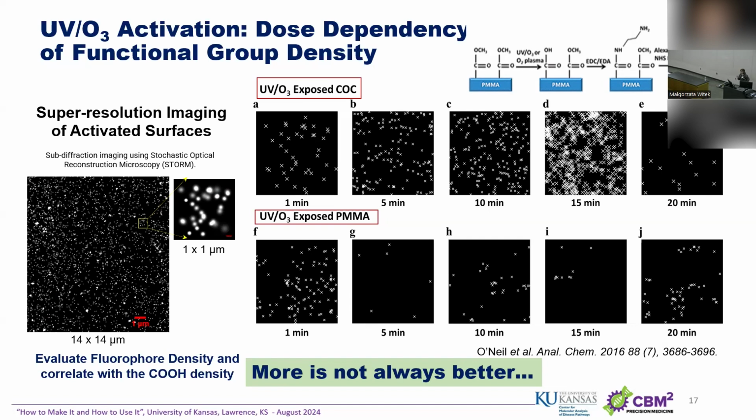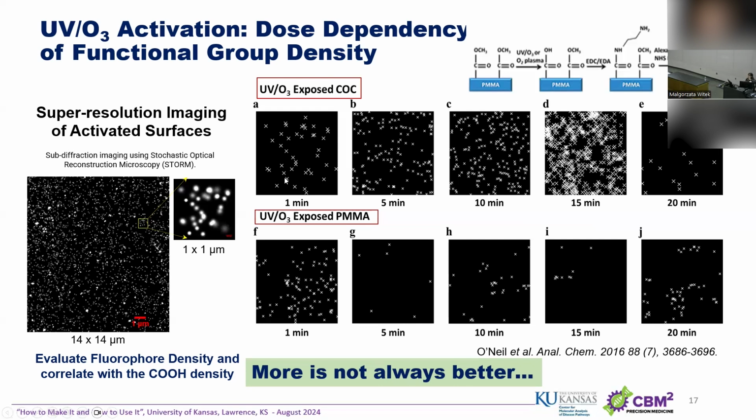There is a threshold that you cannot pass, because you start cleaning and destroying the functional groups that you already created. Here you're looking at data acquired with what's called super resolution microscopy, where each one of those crosses represents where the carboxy functionality was converted via an amide linker with the dye.